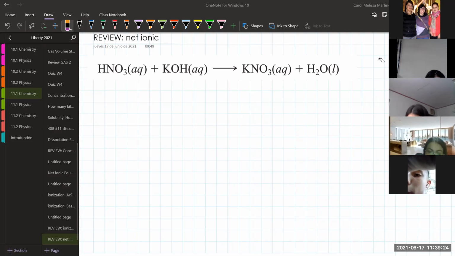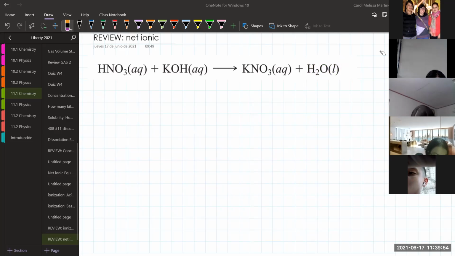When we work with net ionic equations, we are not going to dissociate compounds that are different than aqueous solution, okay? We're going just to dissociate those that are aqueous. So in the case of water, water will remain the way it looks, exactly like that, without dissociation.